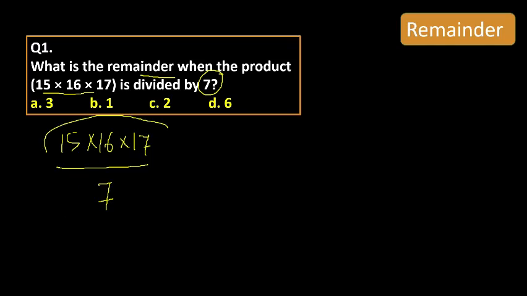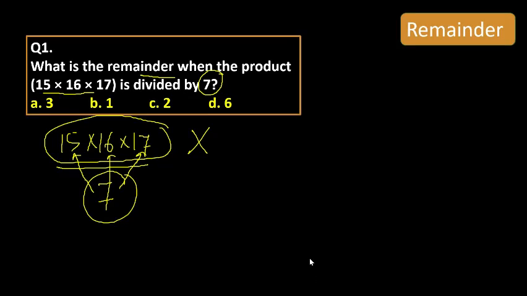Will you multiply these numbers first and then divide by 7? I think we have done one question based on this. I have told you that smartly you individually divide all the numbers, then find the remainders and then multiply them, rather than multiplying these numbers first, right?